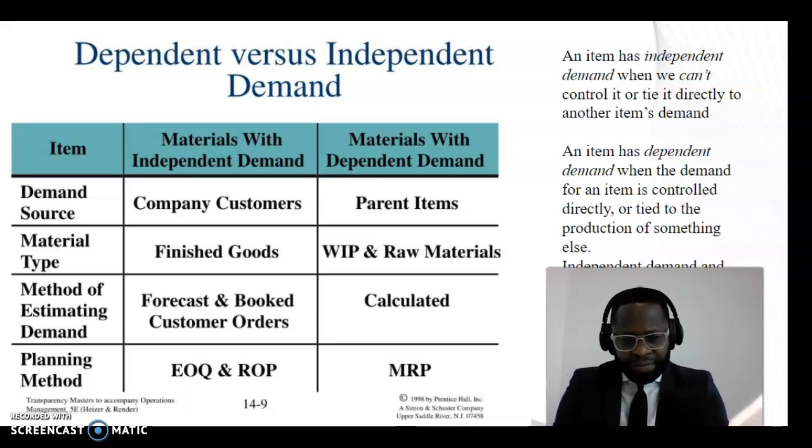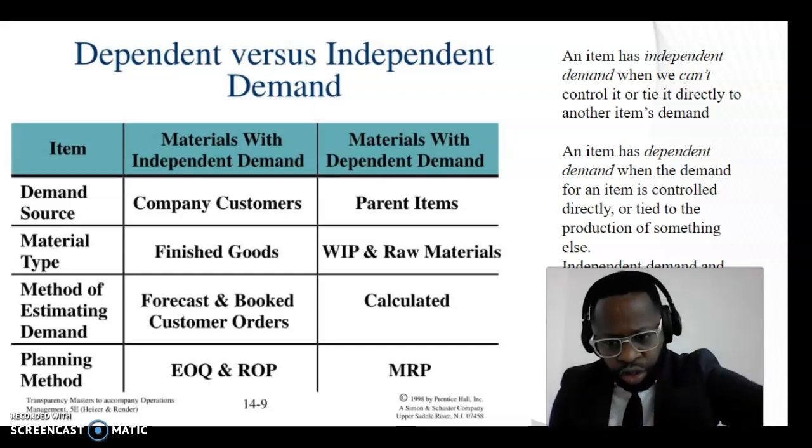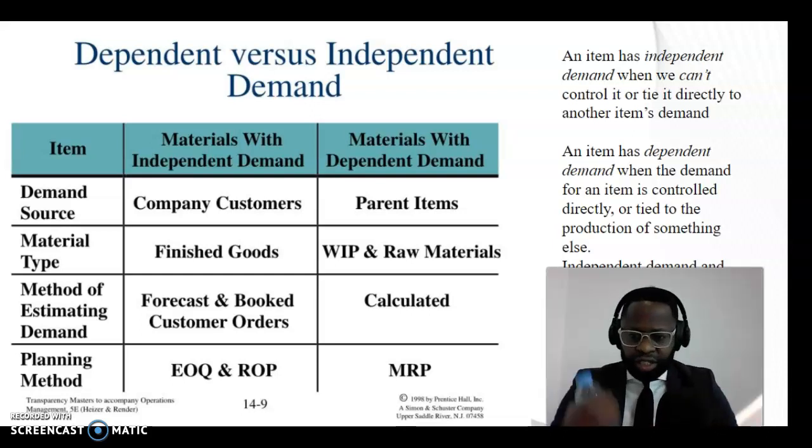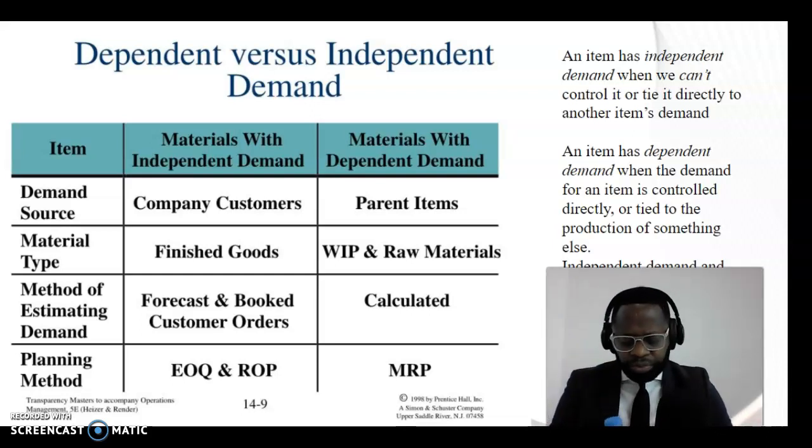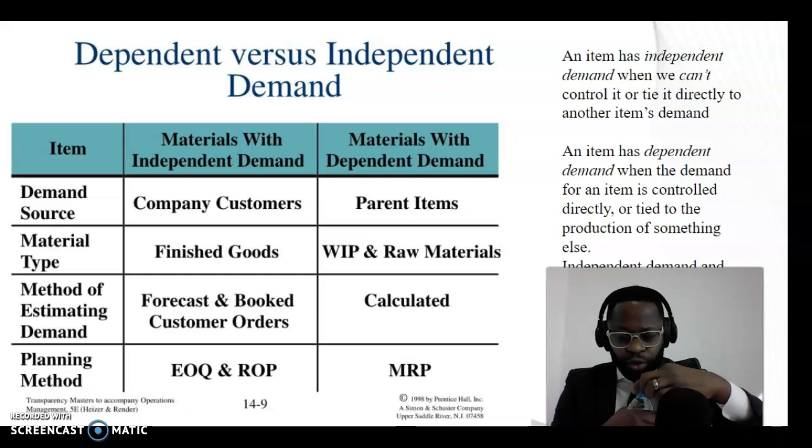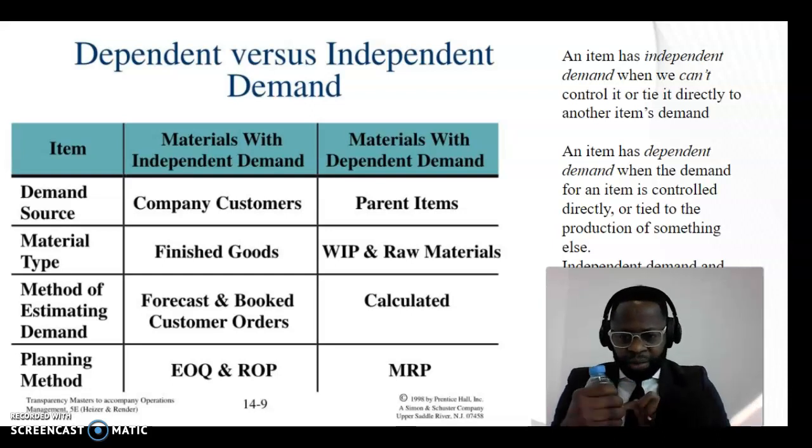So dependent demand basically means that one item is dependent on the demand for another. So take for instance this water bottle. If you're manufacturing one water bottle, right, you would need one cover or one cork. You would need one label. I won't show you the label. And one bottle, right?